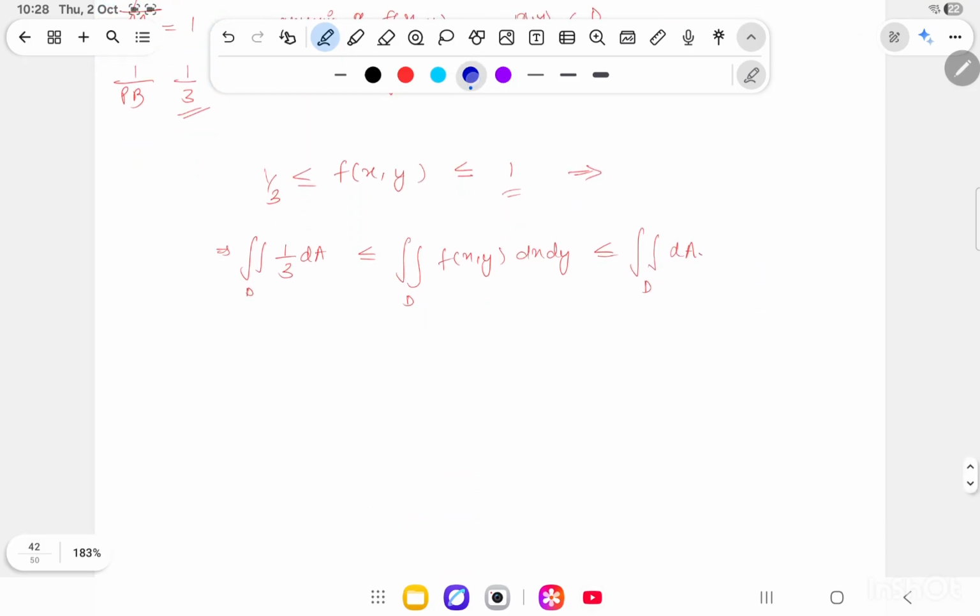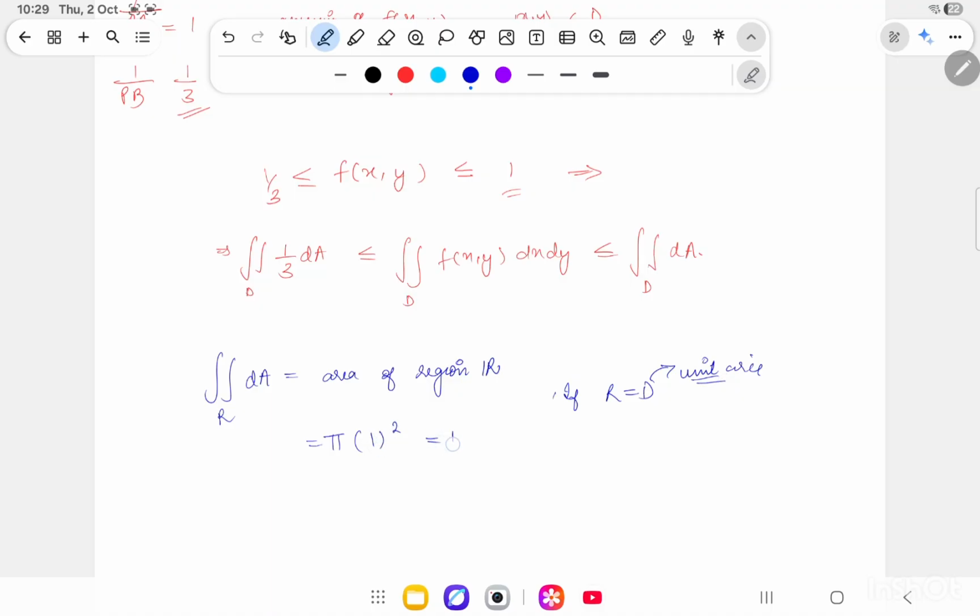And we know that integration over region R of dA is basically the area of region R. So if I take R equal to D, that is the unit circle, the area will be pi R square, and since it's a unit circle, the radius is 1, so it is pi into 1 square, that is pi.